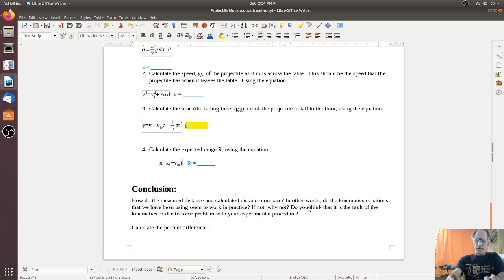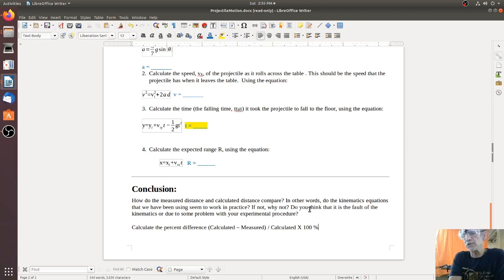So I would take the difference between the two. I'd take the biggest minus the smallest, because this is an absolute value. Percent difference is always positive. I would take the calculated minus the measured, and I would divide that by the calculated. That's usually the way we do it. And then I'd multiply that times 100%.